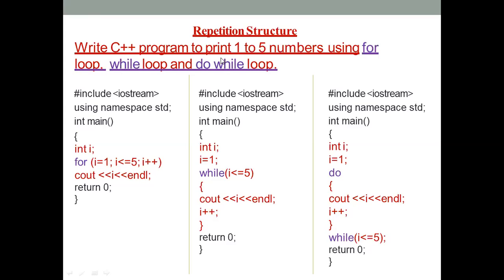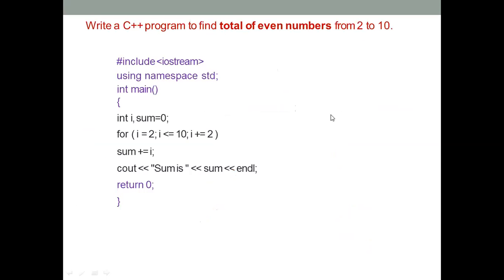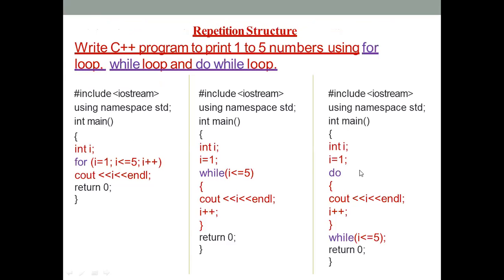In the exam, they are going to ask you a specific question. If the question says you must use do while loop, you must write this program. You cannot use other things.